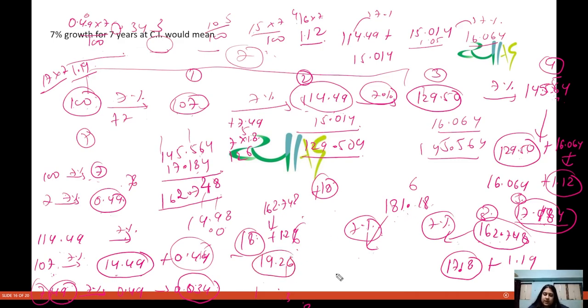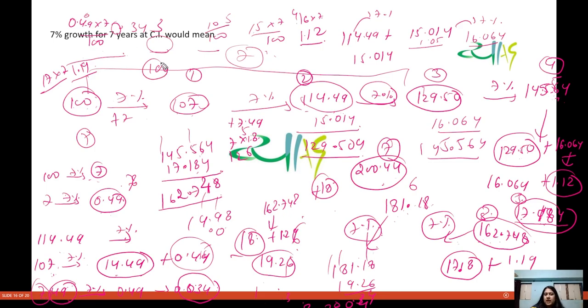So in 181, just add 19.26. So this becomes 4, this becomes 0, this becomes 10, so 200.44. Okay, so seventh time we got our compound interest as 200.44.